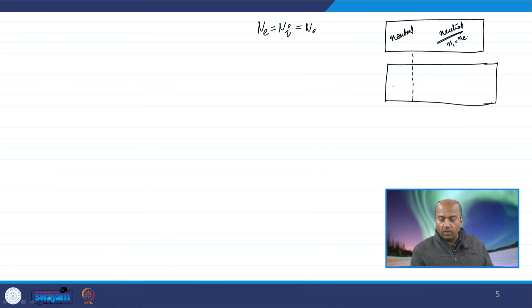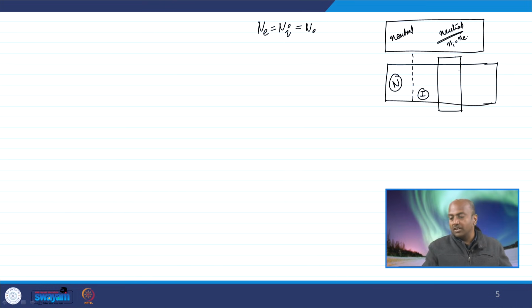I'm moving a section of electrons from region 1 into this region. Since electrons are being taken away from region 1, it is effectively positively charged, and region 2 is negatively charged. As simple as that.